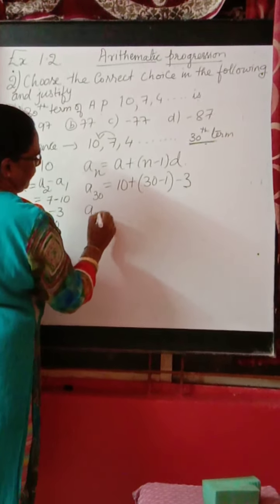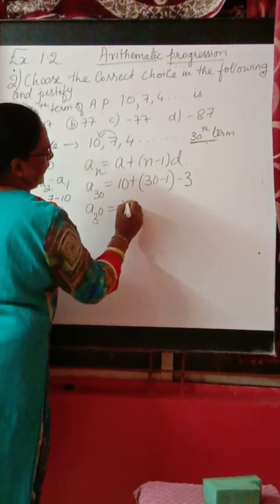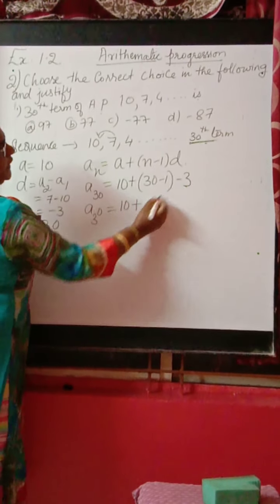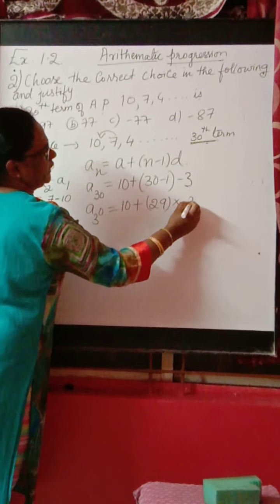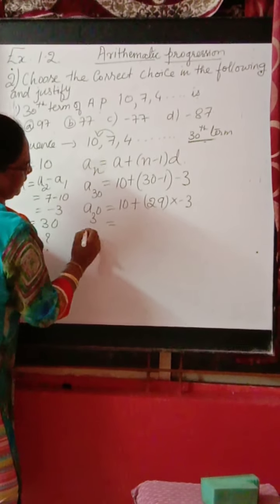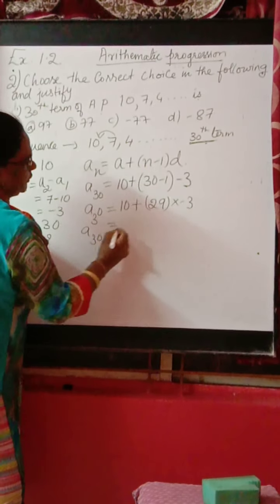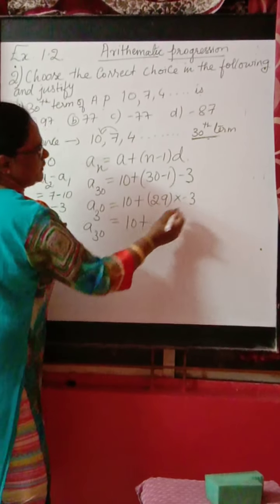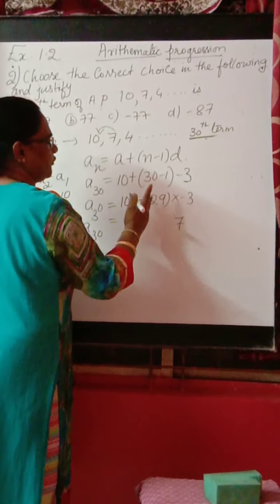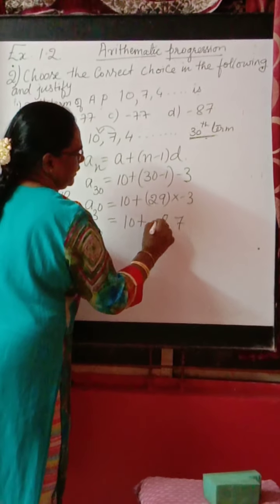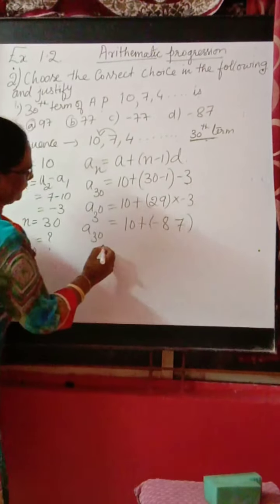So A30 is equal to 10 plus 30 minus 1, which is 29, into minus 3. A30 is equal to 10 plus how much? 9 3s are 27, 2 carry, 3 2s are 6 plus 2, 8, so 87.